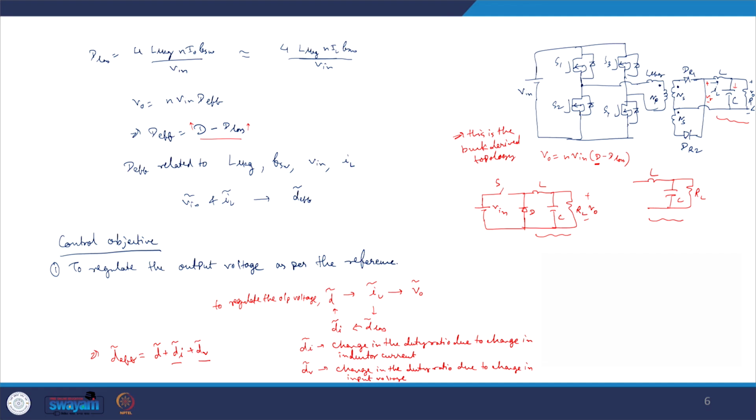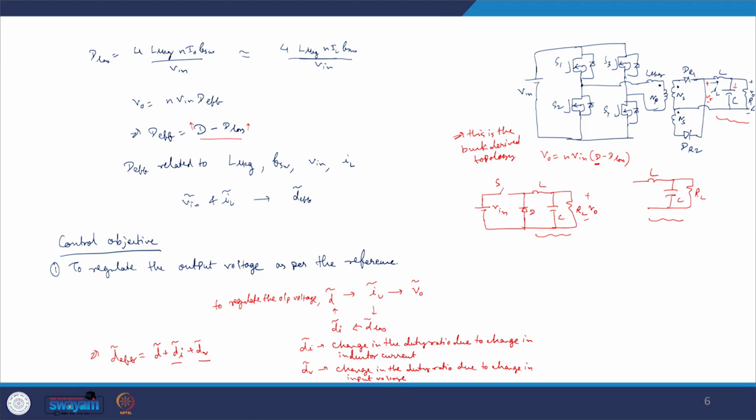Now let us see how these two extra terms will impact the response. You try to understand this. When duty ratio D changes, VR voltage changes, and then the inductor current will respond to the change in VR with some dynamics, which will then get reflected in capacitor voltage with some dynamics, as the capacitor takes some time to respond to this change. Further, with IL change there is a change in D loss value, which will further change the effective duty ratio, which corresponds to the Di tilde term, and thus the Di tilde term has to be added in the effective duty ratio to see the effective dynamics.